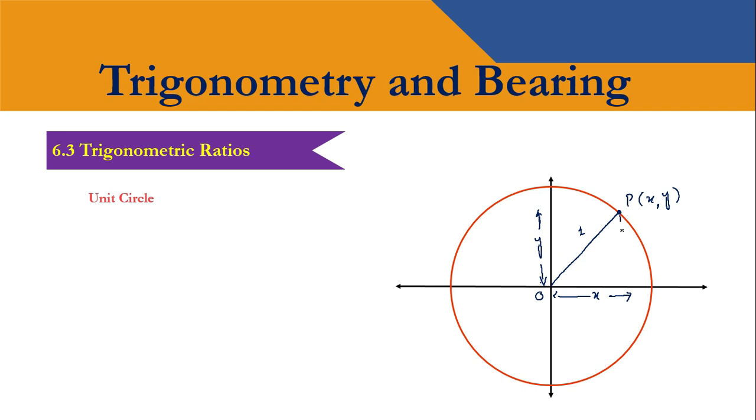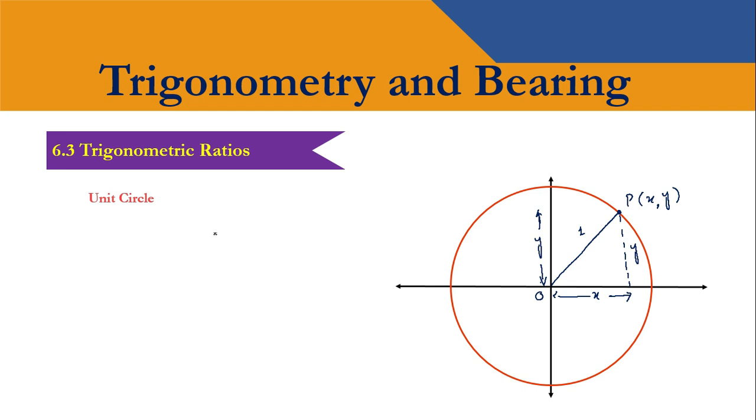If we construct a triangle here, this vertical distance is equal to y, the horizontal distance is equal to x, and the hypotenuse is equal to 1. The right-angled triangle is easily solved by using the Pythagoras theorem.